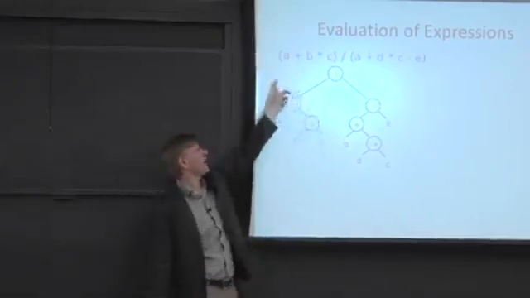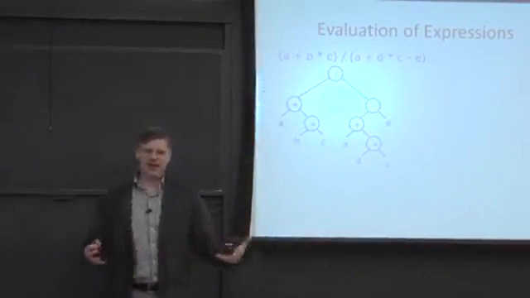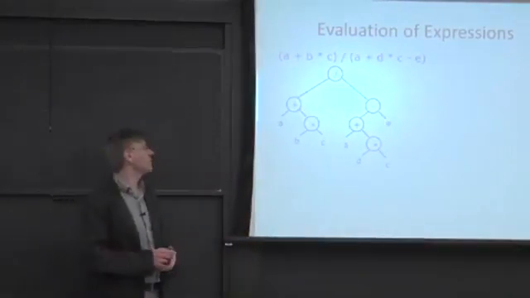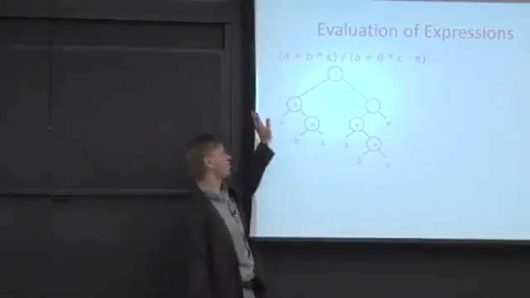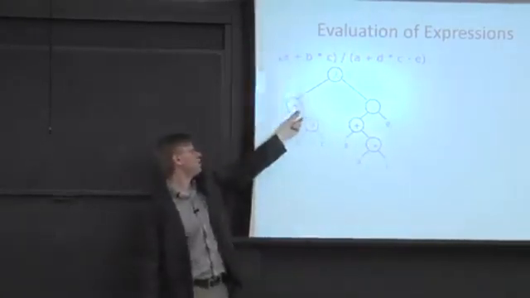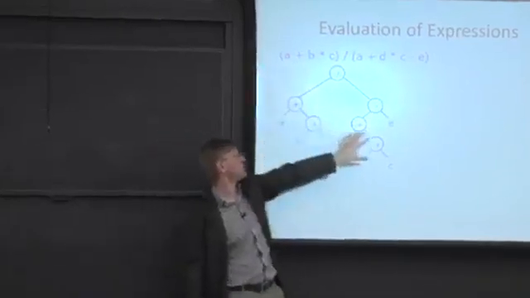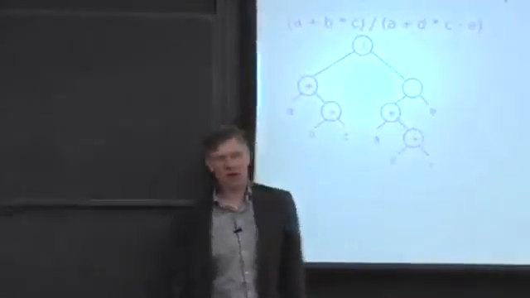Here we break this down into a parse tree, so you can see this is preserving order of operations. We have a plus this subquantity of b times c, and you take all of this and divide it by this sub-expression here.